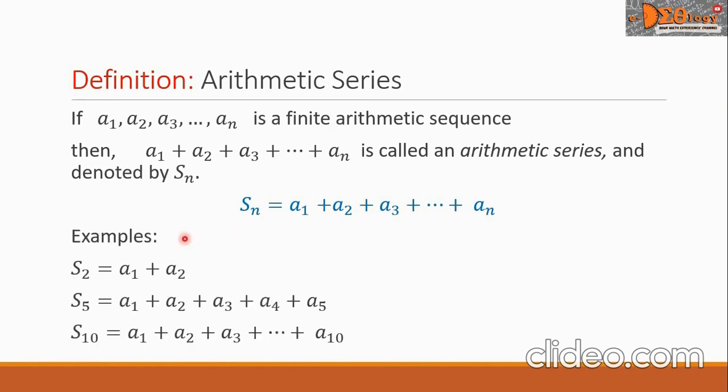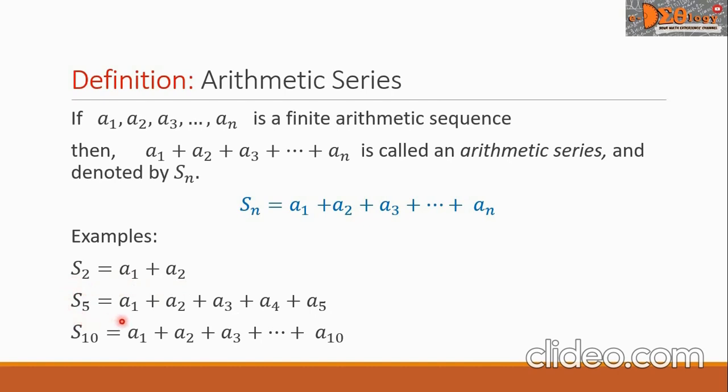Let's have examples. Here we have S sub 2 equals a sub 1 plus a sub 2. It means we are going to take the sum of the first two terms. Second example, S sub 5. It means we are going to take the sum of the first 5 terms of the arithmetic sequence.